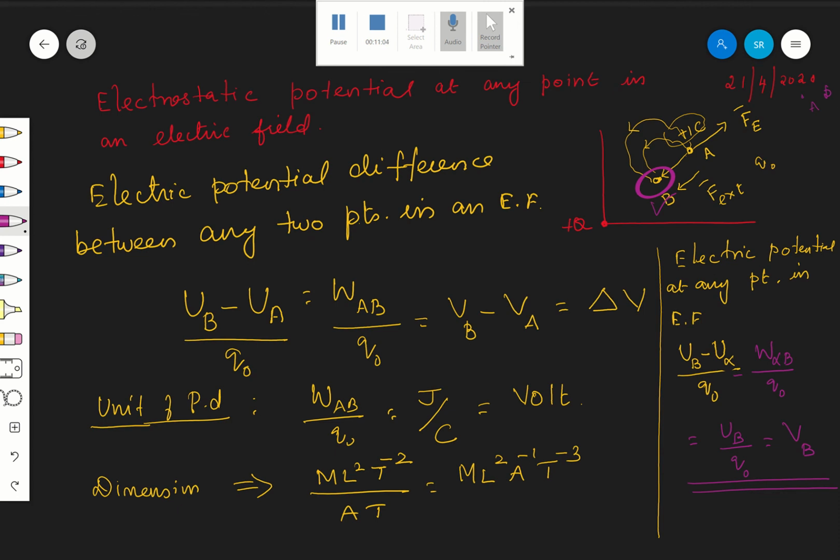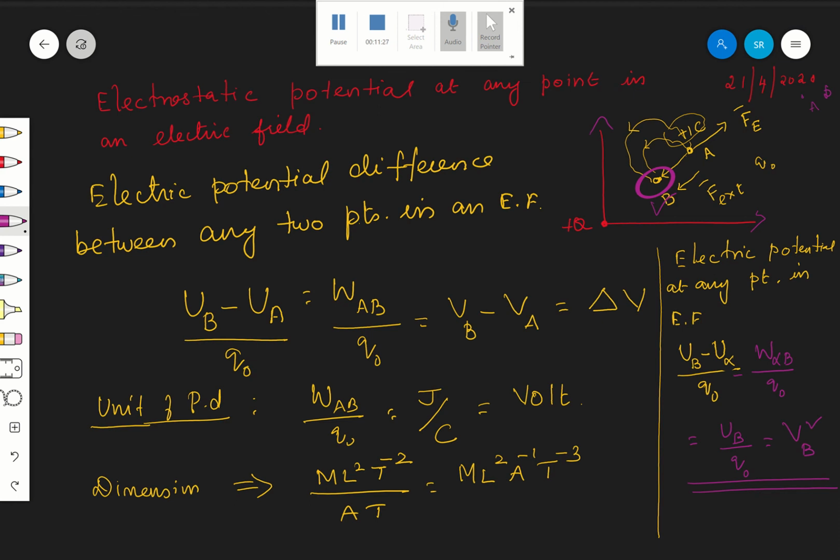So that gives you what is called electric potential.